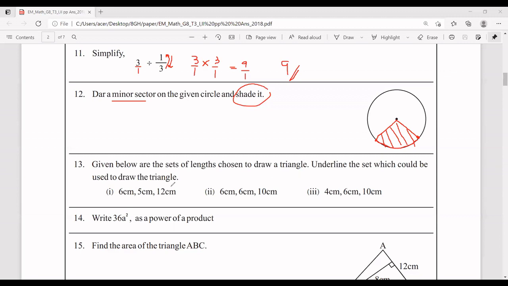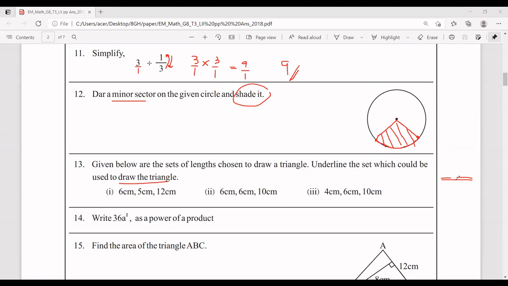You have to select which 3 values you can use to draw a triangle. If there are 3 equal sticks of this length, you can make a triangle, but these 2 smaller lines should be greater than the bigger line. Otherwise, you can't make a triangle.